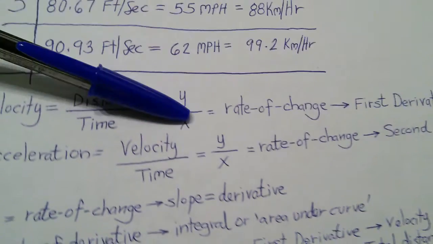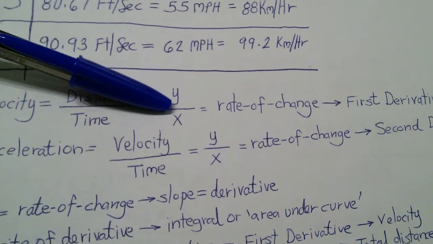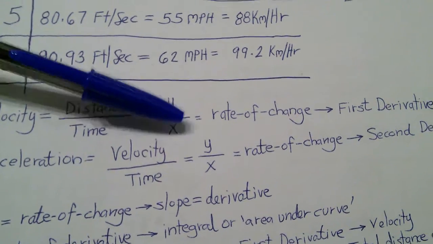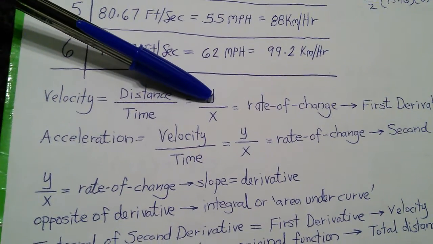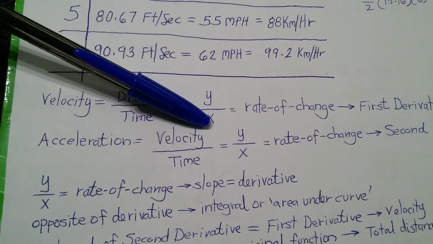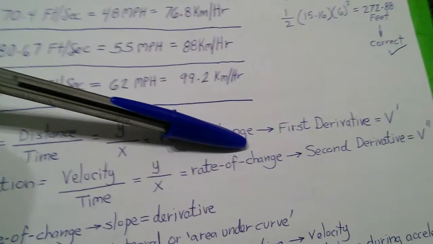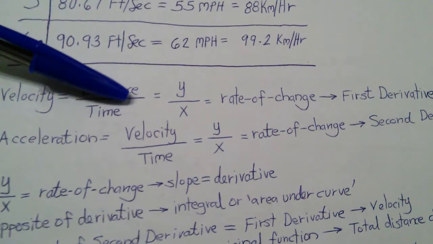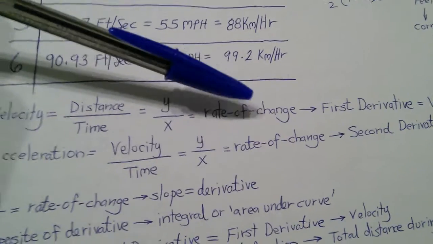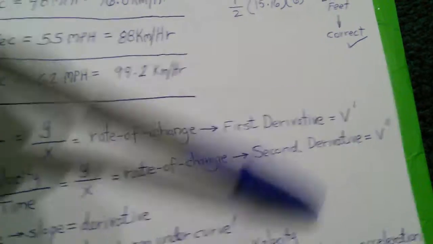And that rate of change could be linear, it could be exponential, it could be power, quadratic, logarithmic, etc. But it is still a rate of change. So we're taking a distance y divided into a time x to get a rate of change. So in this case, it would represent a first derivative over the original function being distance, but then distance over what? Distance over time. So it is a rate of change. That is the first derivative represented by v prime.